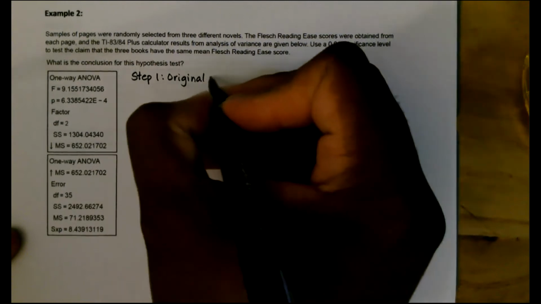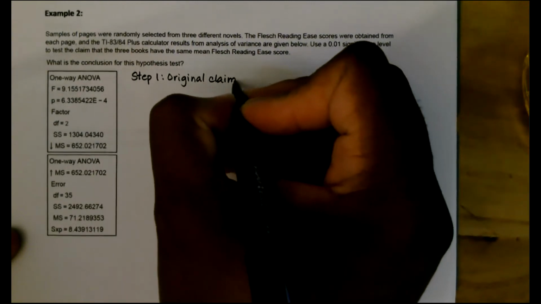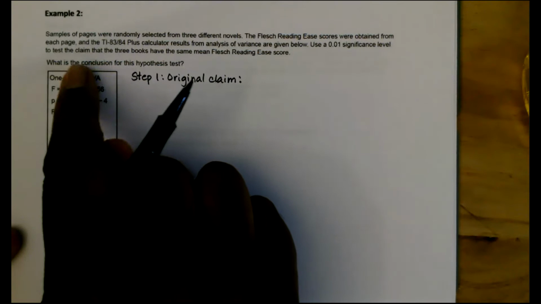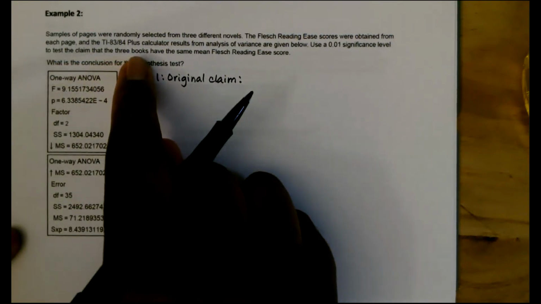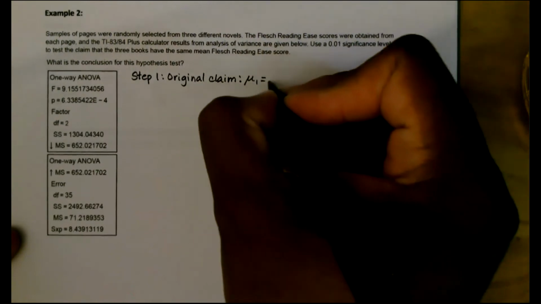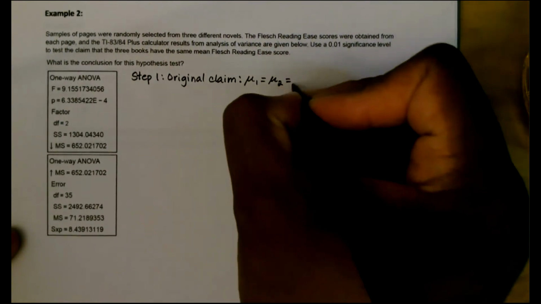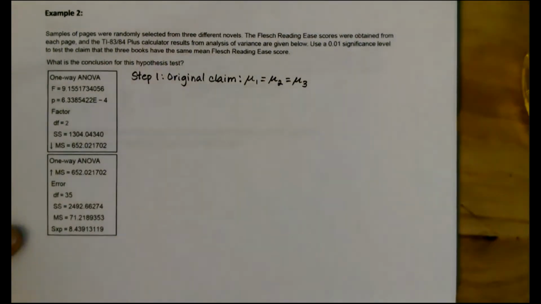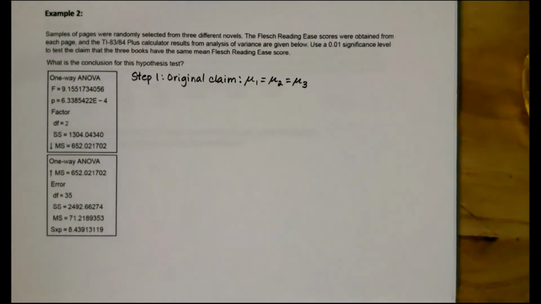Okay, so starting with step number 1 is the original claim. And in this case here, we're testing the claim that the 3 books have the same mean. That means mu sub 1 equals mu sub 2 equals mu sub 3. That's how we write that. And now step number 2 is the opposite of the original claim.